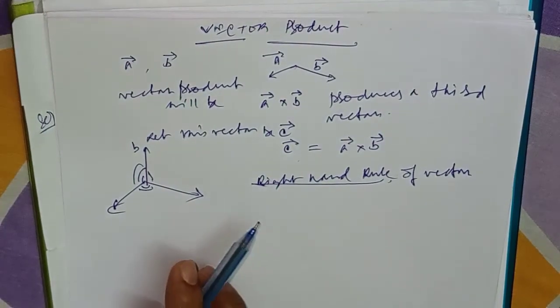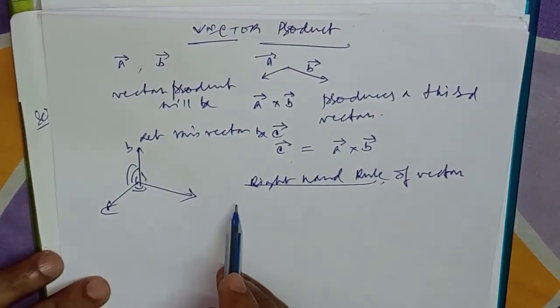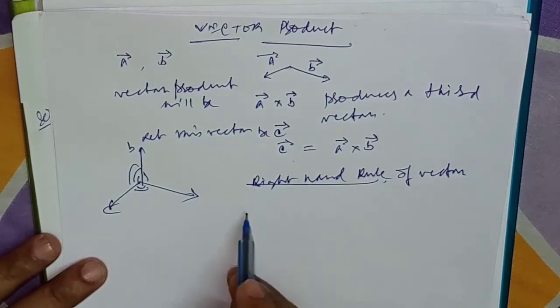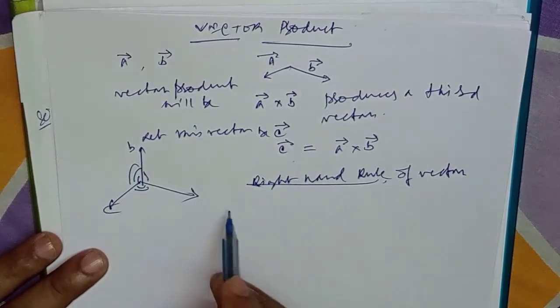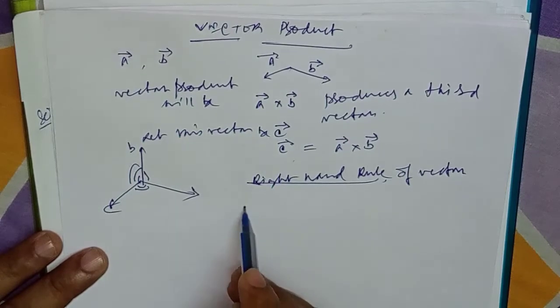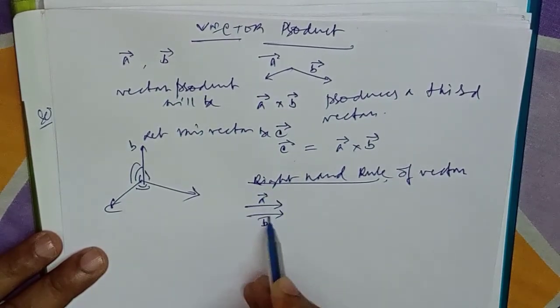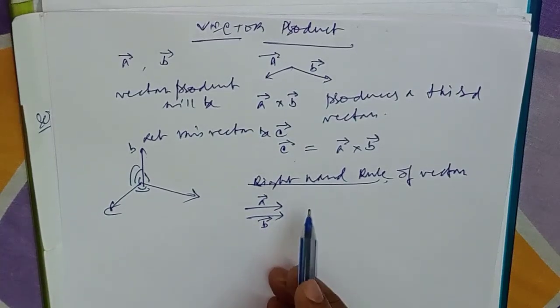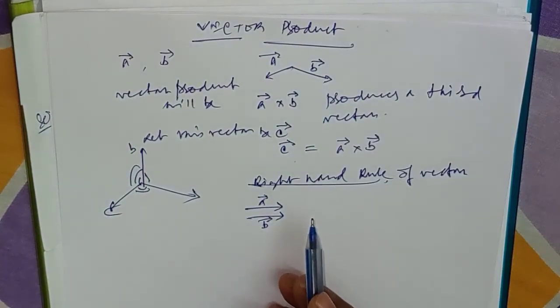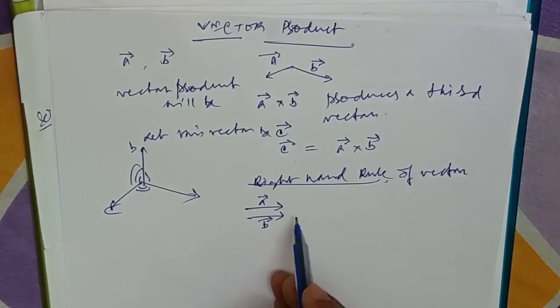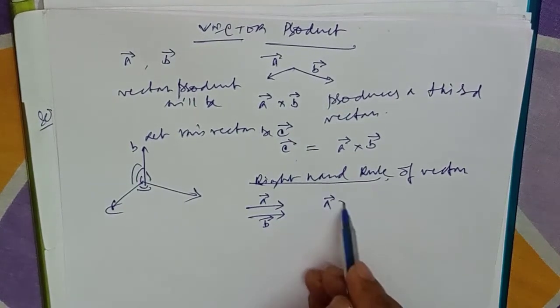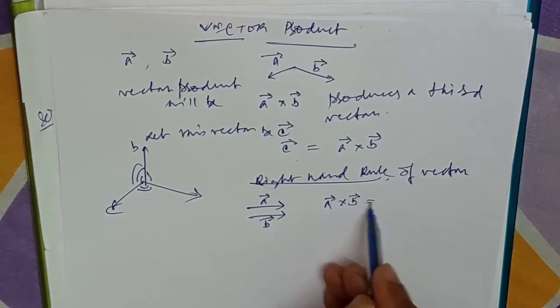If A vector and B vector are parallel, then A cross B will be 0.